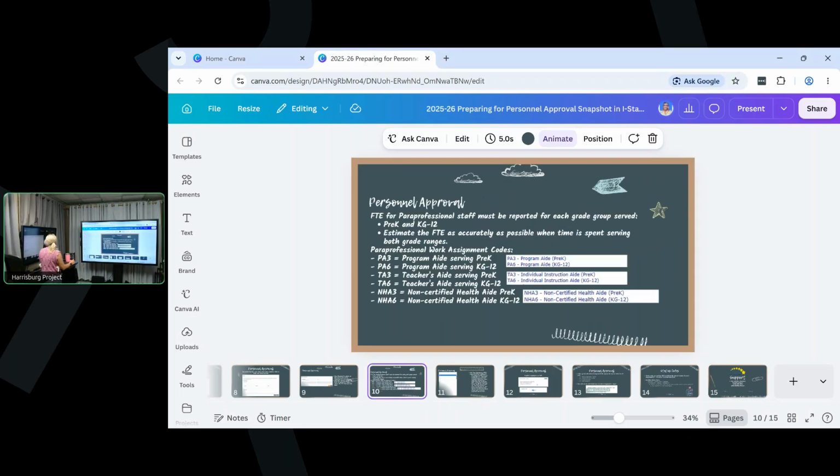The PAs are your one-to-one aides. They do not necessarily have a license. They are qualified. Your teacher's aides are your classroom aides. They are certified.